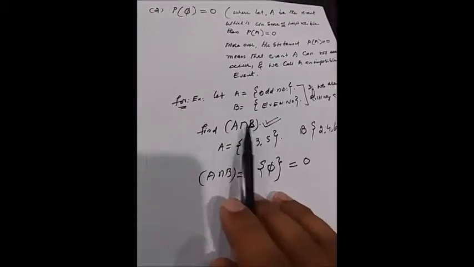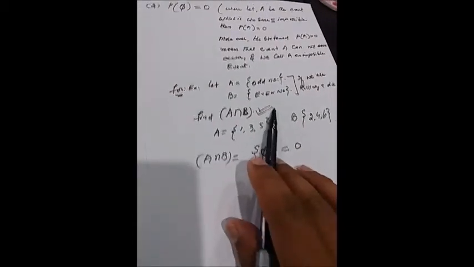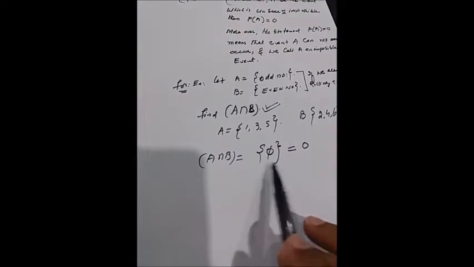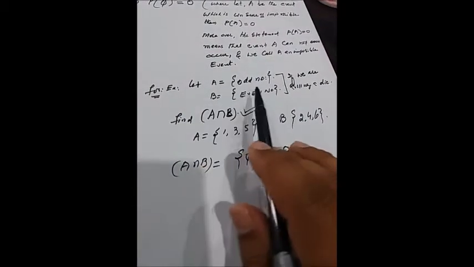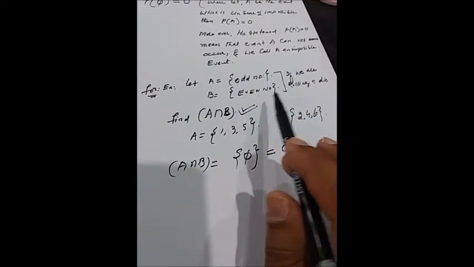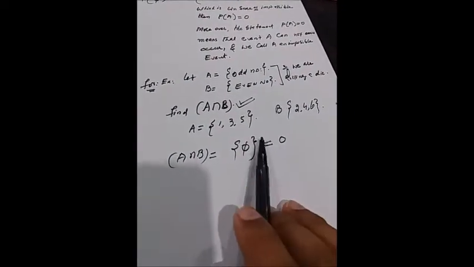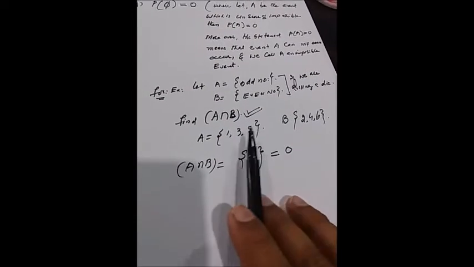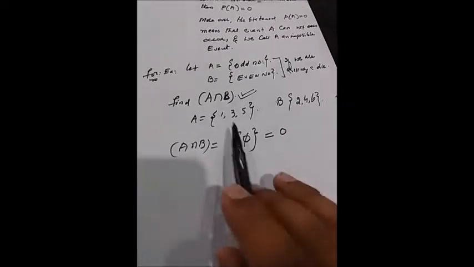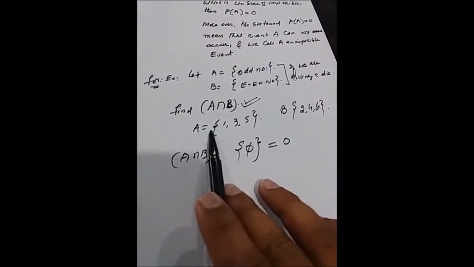So far, we considered an example for getting the result 0: tossing a 6-sided cubic die, let set A contain odd numbers and B contain even numbers. Find A intersection B. As we know, the A intersection B set contains all the common elements. A contains odd numbers 1, 3, 5.